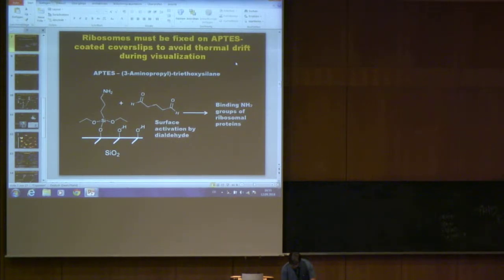This is a molecule of APTES. After that, we need to activate the surface of the cover slip by dialdehyde. So practically the ribosome binds by any protein on the surface. The aldehyde groups are exposed and they bind the amino groups of ribosome proteins.